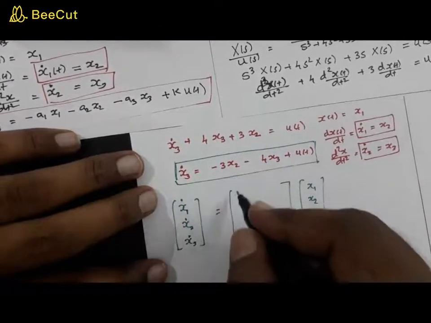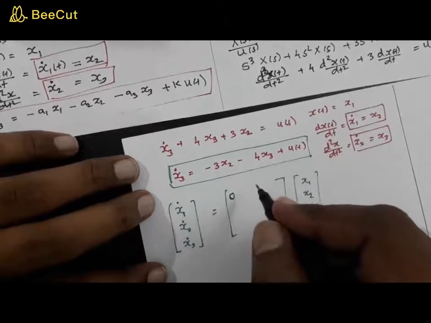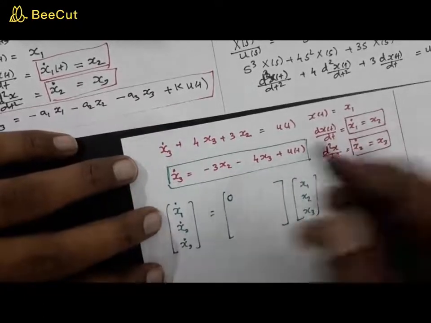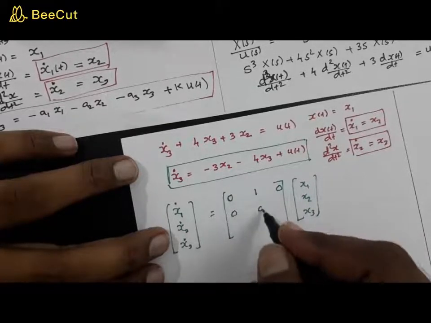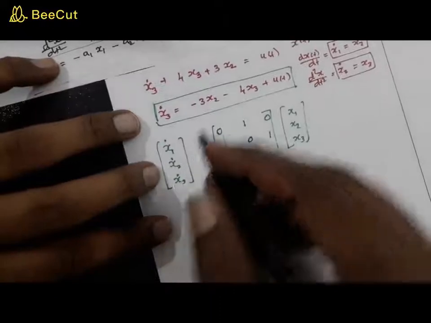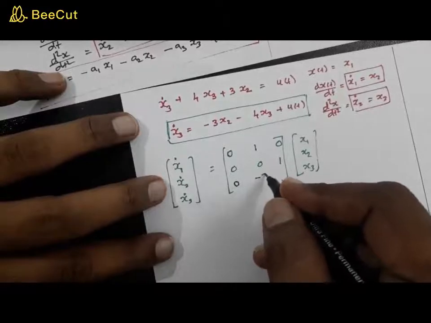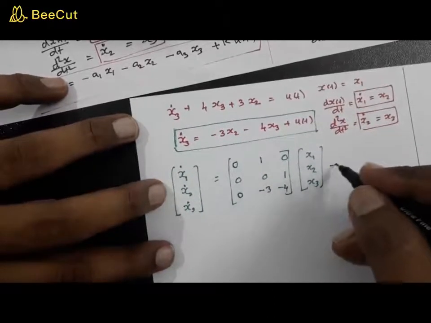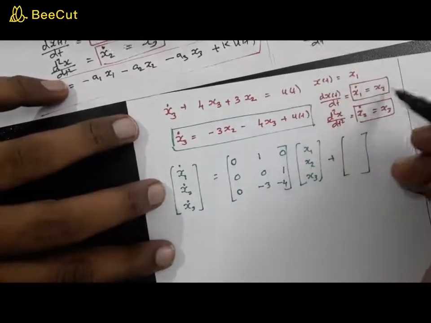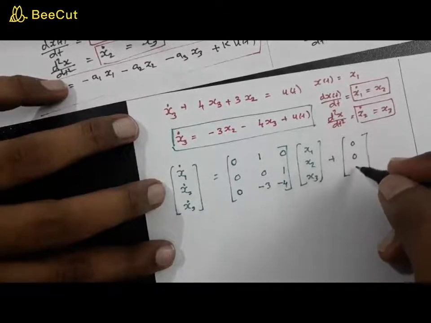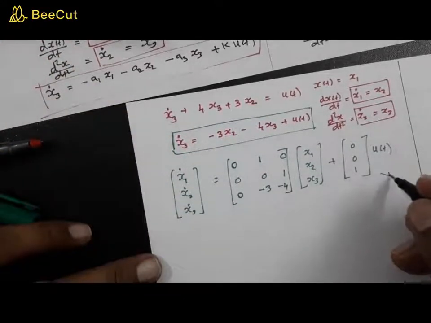Upon filling, x1 dot is actually x2, so the first row is 0, 1, 0, and x2 dot is 0, 0, 1. For x3 dot, you don't have any x1 component, so this is 0, then minus 3, minus 4, plus the input matrix 0, 0, 1 times u(t). So this is your state equation.